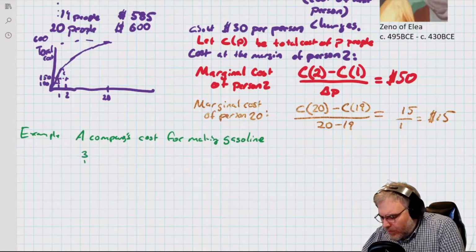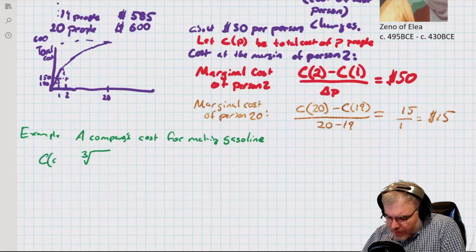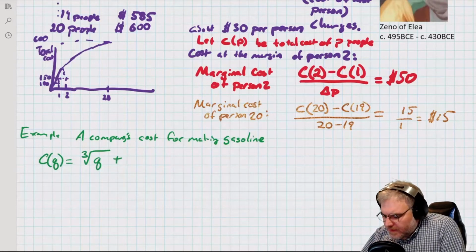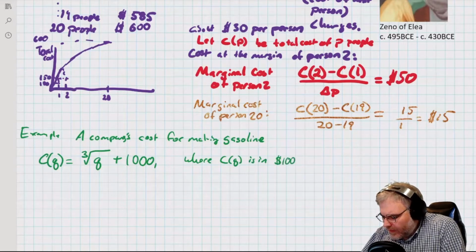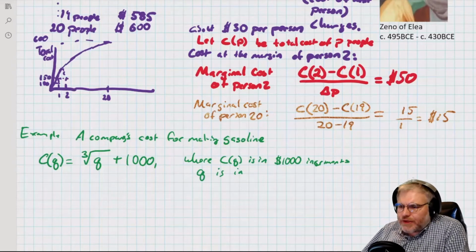Let's say C of Q, the cost in terms of quantity, equals the cube root of Q plus 1,000, where C of Q is in $1,000 increments, and Q is in units of 100 gallons.